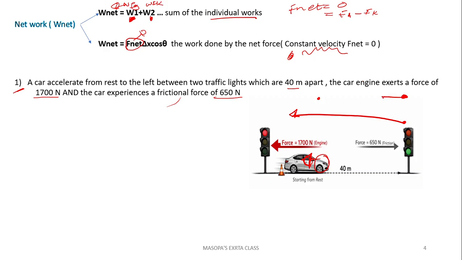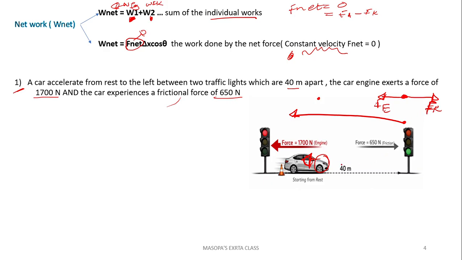So in order to not waste time, even though they didn't say draw the free body diagram, just draw your free body diagram for the forces that are taking place. So we have the force of the engine, so allow me to write the F of E, and the force of friction, Fk.